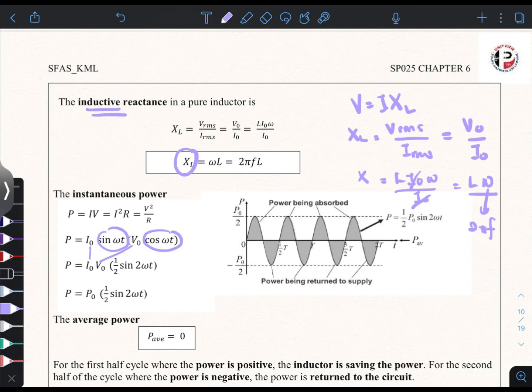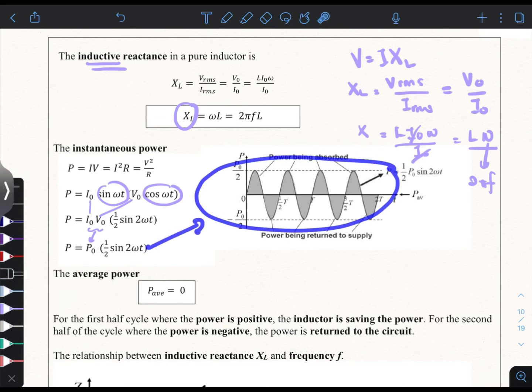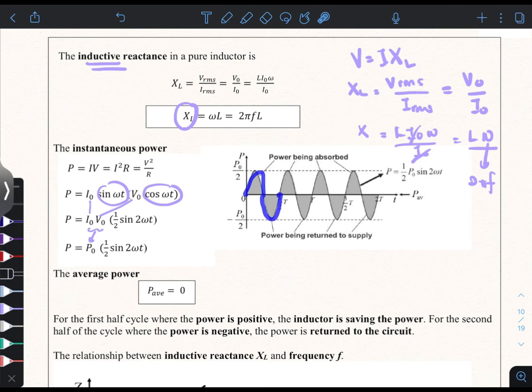Okay, so kita buat darab I0 V0 sin omega T darab cos omega T. You should get this identity, half sin 2 omega T. And then I0 V0 ni sama dengan P0 sebenarnya. P0 half sin 2 omega T. So ini adalah bentuk graf untuk equation ini. Okay. So when you sketch your graph, as you can see, you have half the cycle on the positive side and another half the cycle on the negative side.